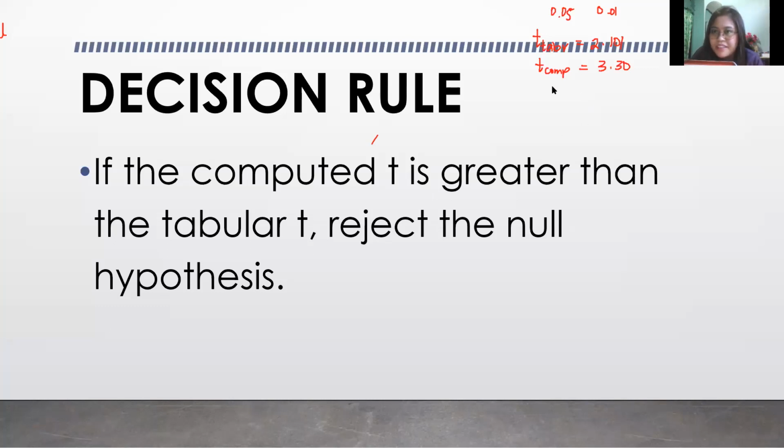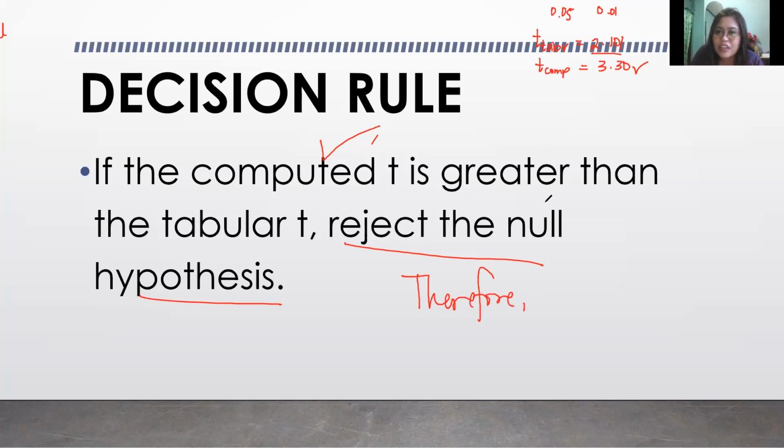So which is bigger? Of course, the computed t. It is bigger, 3.30 versus 2.101. Therefore, since our computed t value is greater, we have to reject the null hypothesis.